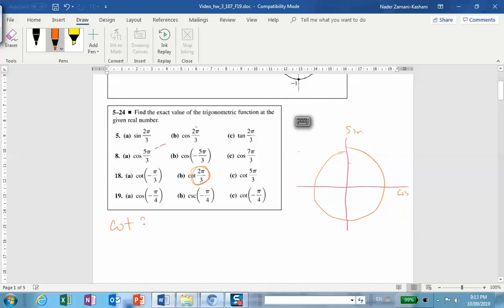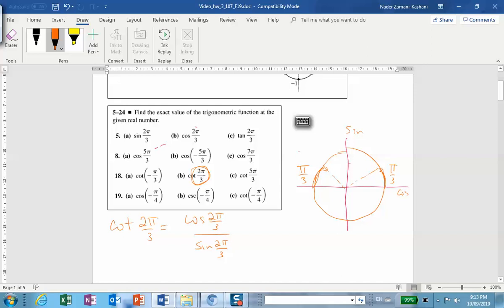But the meaning of that is cosine of 2 pi over 3 over sine of 2 pi over 3. Okay? Now, 2 pi over 3 is going to land you right here. And the reference number for it is pi over 3. Because look, the shortest distance is pi over 3. So the reference number for it is pi over 3.